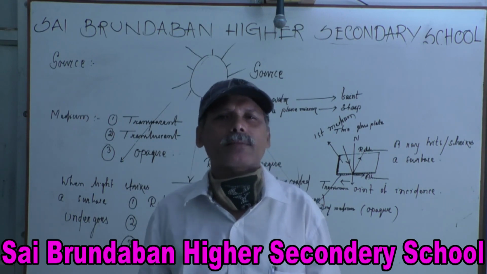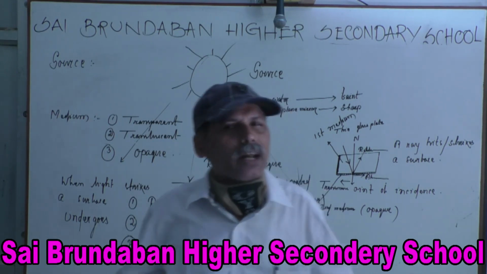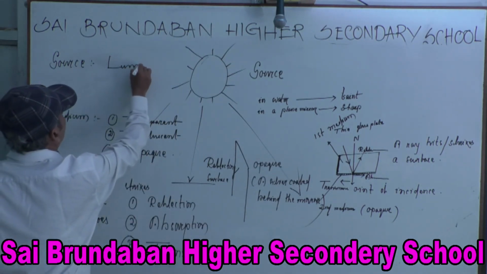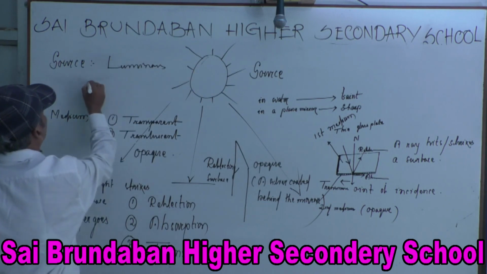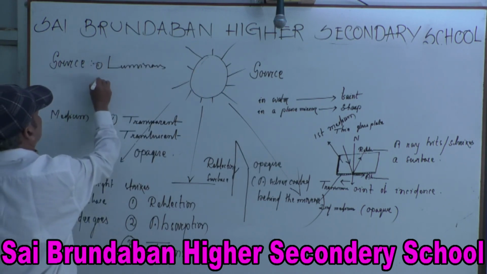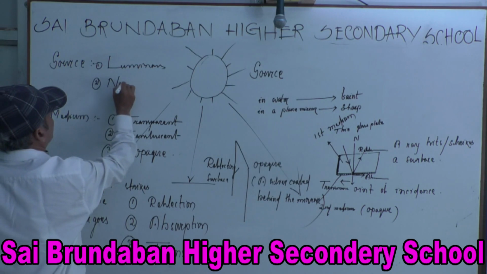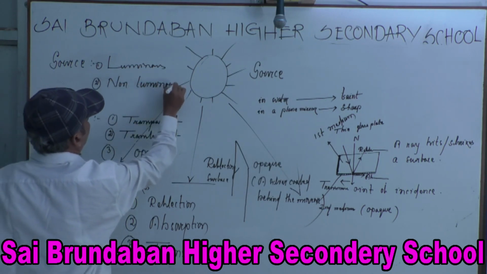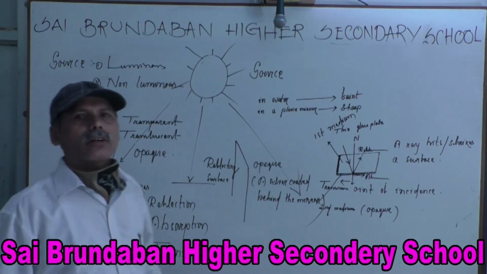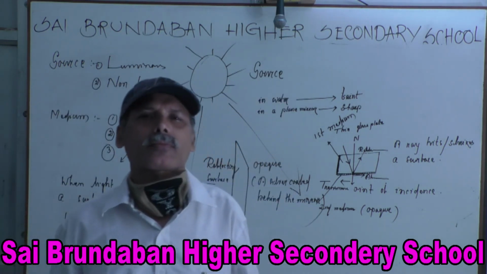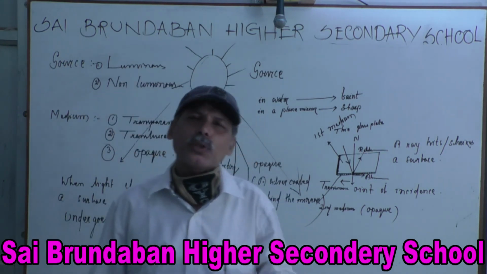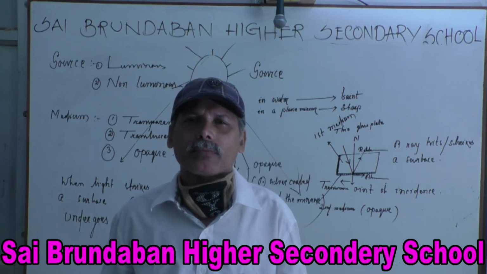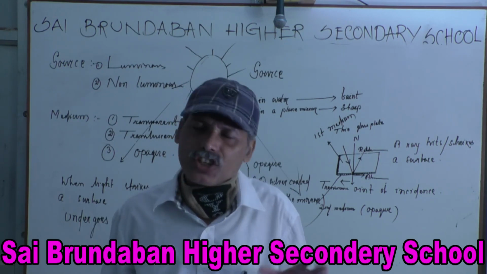One is luminous, another one is non-luminous. The source which emits light is called luminous.